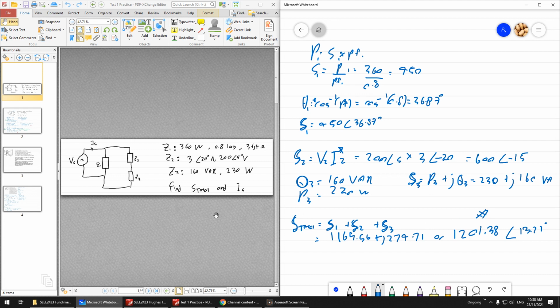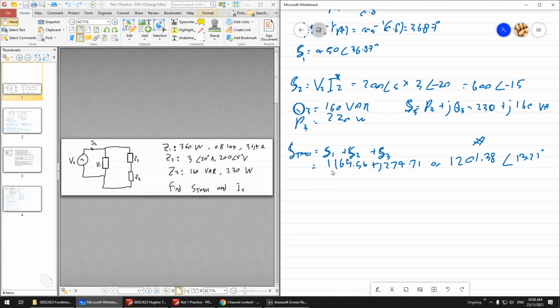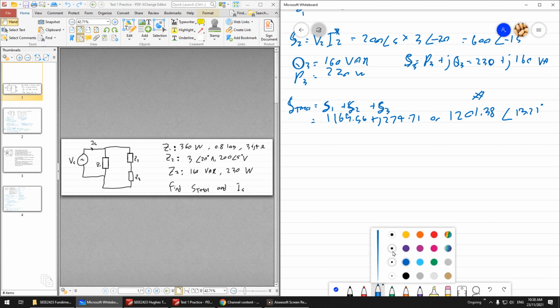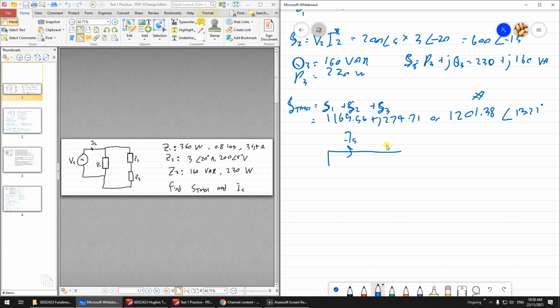And then find S1. So S1 is a little bit tricky. Okay, so this is a little bit tricky because not much information you have. So if you can see here, this one you have to be creative. So you can see here Z2 has the current. So if you draw this, something like this, this is IS.